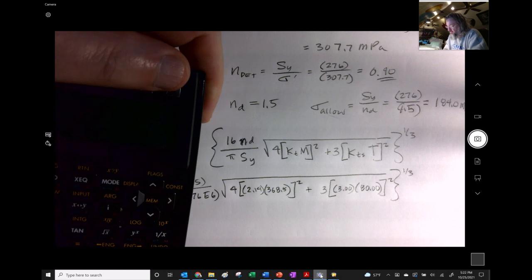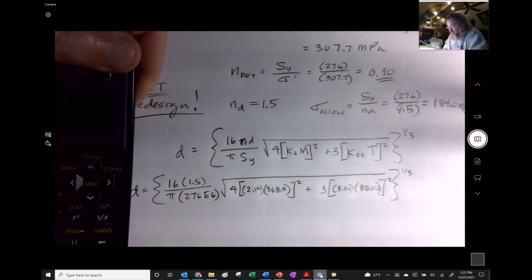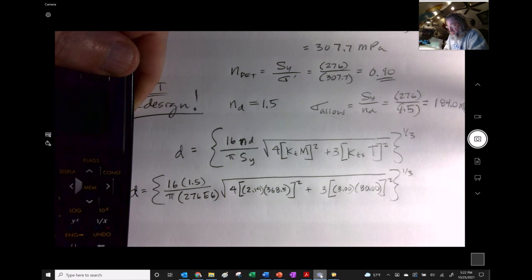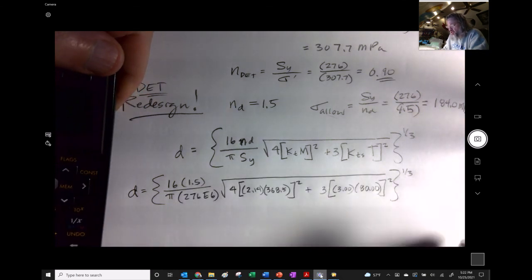Add them together, take the square root, multiply by 16, multiply by 1.5, divide by pi, divide by 276E6, divide. All right, that's a big number. Then I take the cube root of it, and what I'm left with makes no sense.